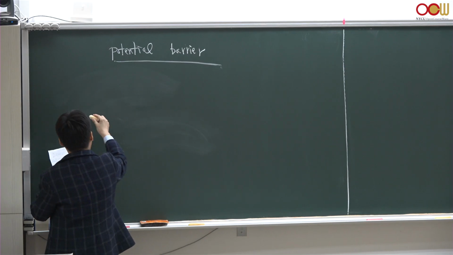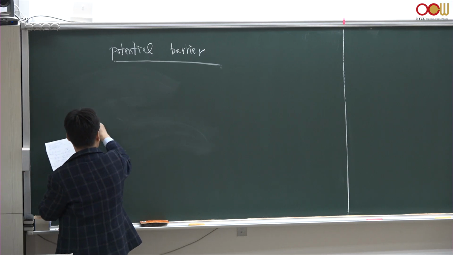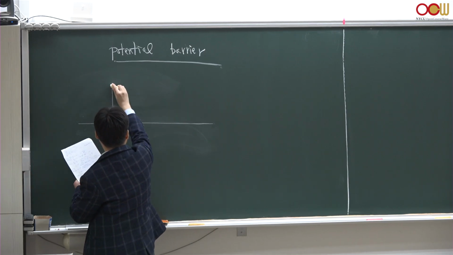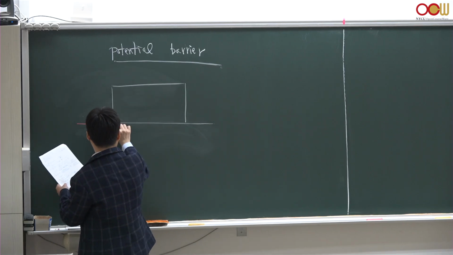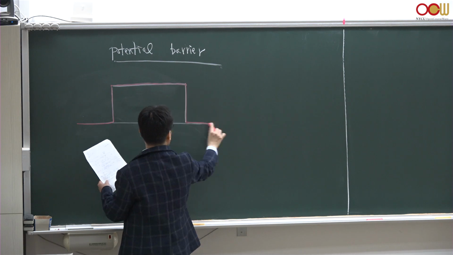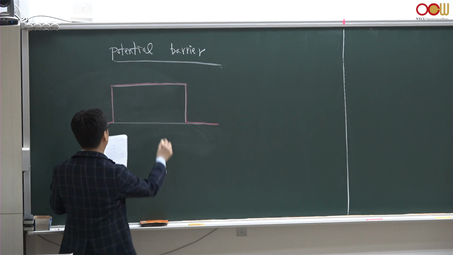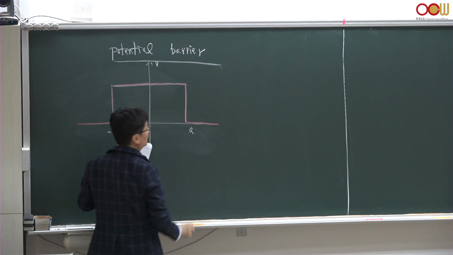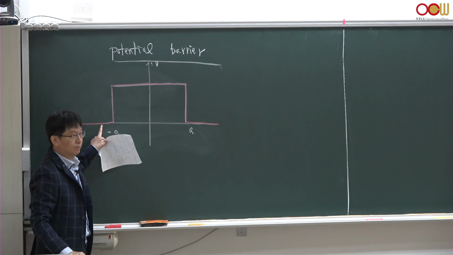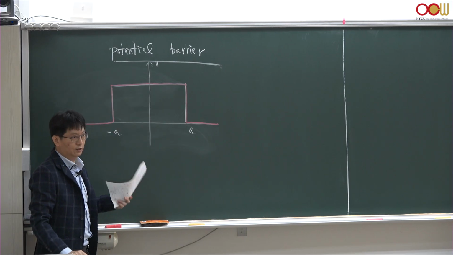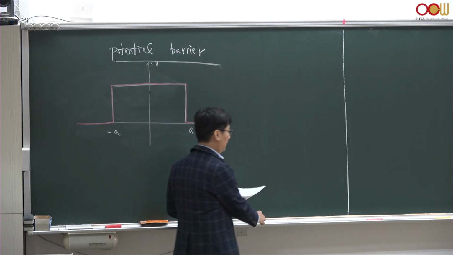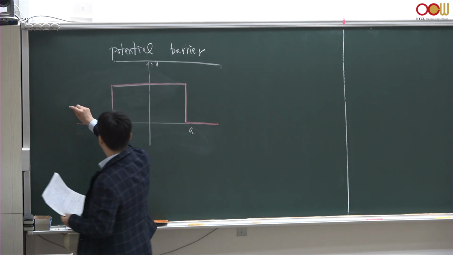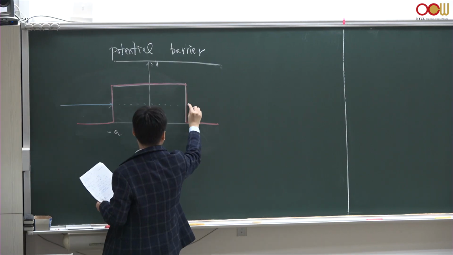So let's look at the related problem, which is the potential barrier. A potential barrier is the inverse of the potential well. If you simply flip your potential well, it becomes a potential barrier like this. As I mentioned many times, for this kind of barrier potential you have a very interesting phenomenon called quantum tunneling, meaning a particle can actually tunnel through the barrier to the other side.